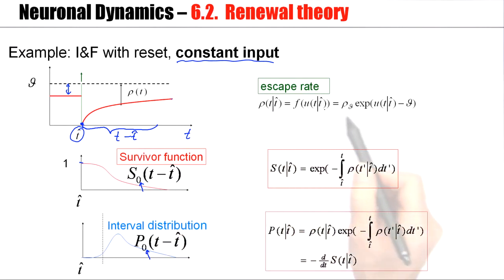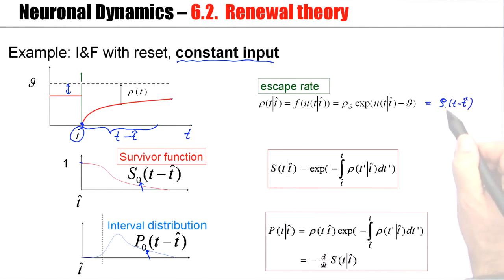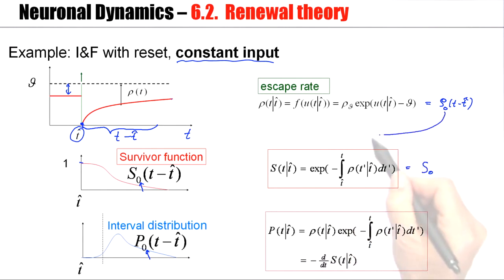So this becomes a function which just depends on t minus t hat. And since this only depends on t minus t hat, this will also only depend on t minus t hat. And so does the interval distribution. It's just a function of t minus t hat.